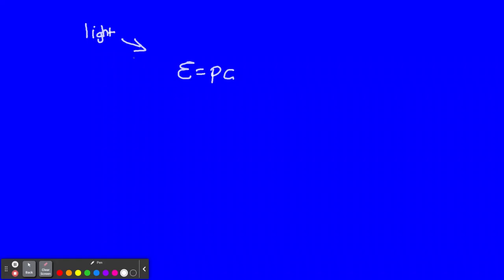And of course, there's visible light, and there's ultraviolet. That's light. X-rays are light. And gamma rays are light. So it's all part of the electromagnetic spectrum. Right? That's light. And light has no mass.